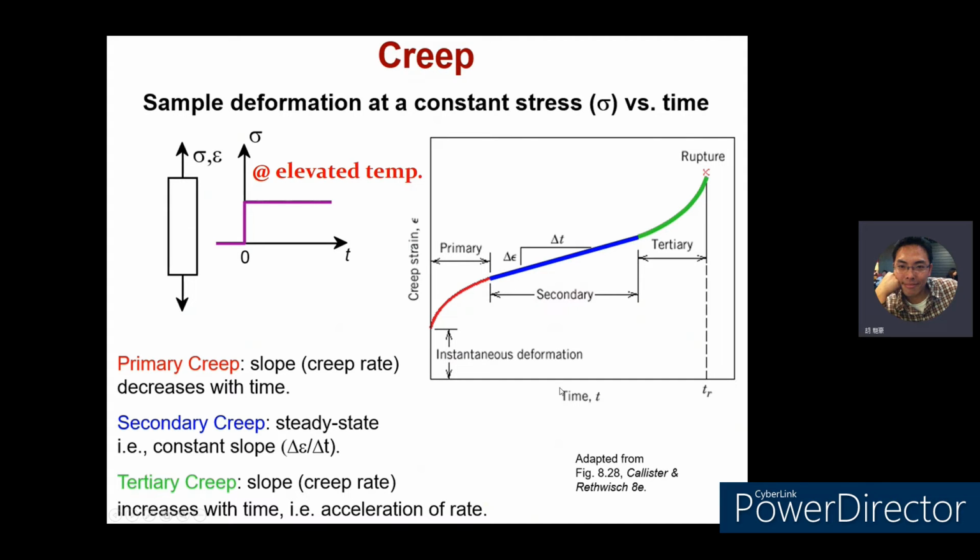So when these materials withstand a tensile stress at an elevated temperature, and this stress is constant, that means we do the tensile test at elevated temperature T, and this stress remains constant. Therefore, you can think of it this way.